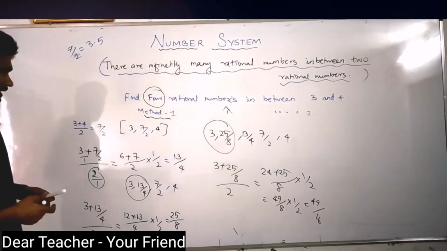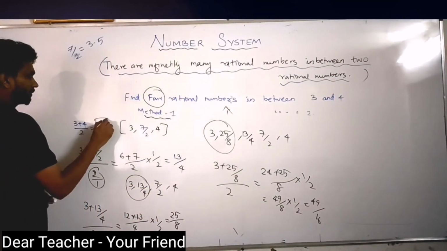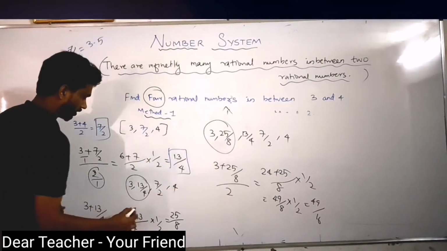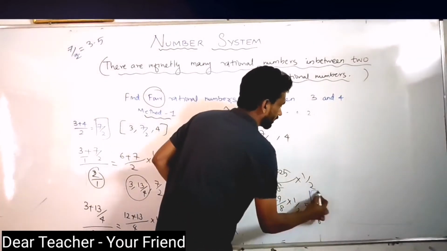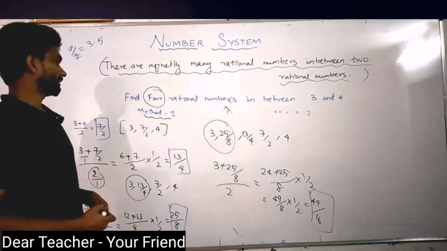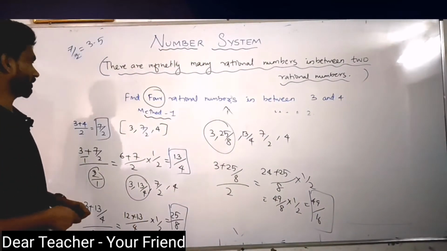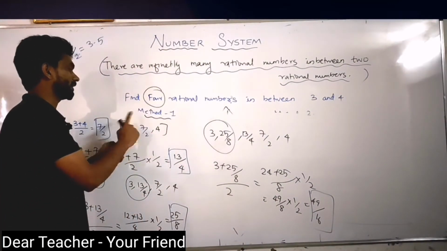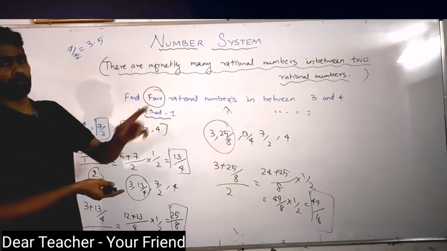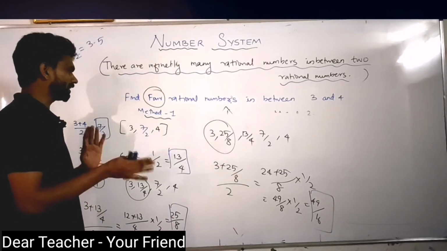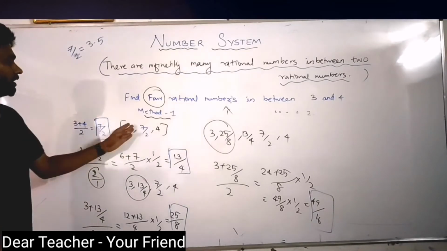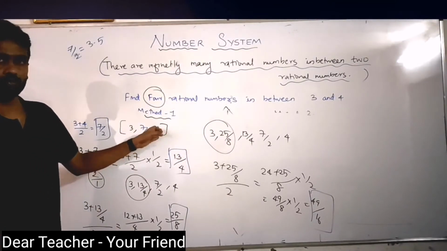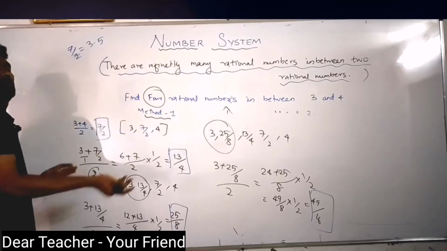So these are the answers: 7 by 2, 13 by 4, 25 by 8, and the fourth one is 49 by 16. This is the mean method, method 1. First we find the mean of two numbers, and you can do it with any two numbers. Here 3 and 7 by 2 were taken. If you want, you can take 7 by 2 and 4, and you will get another answer.